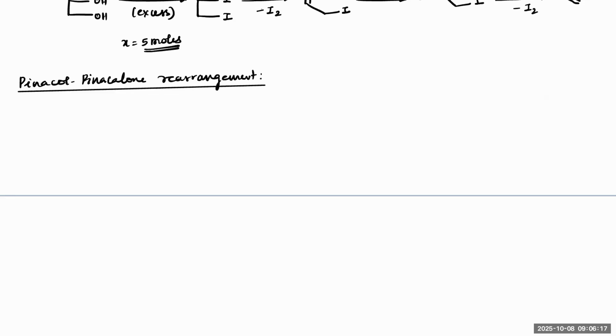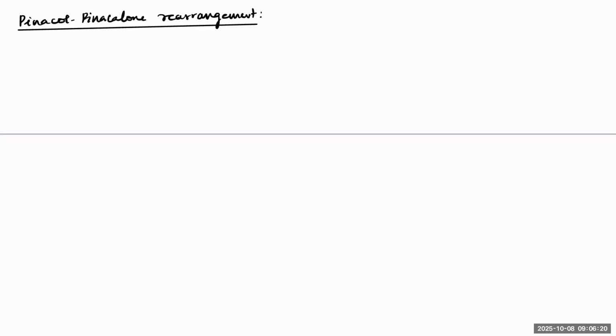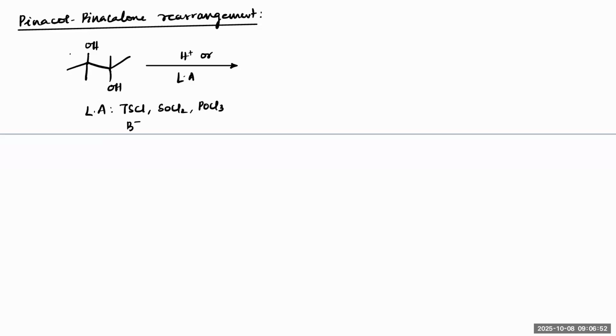Basically, if you have OH and OH here with more substituted groups like this, in the presence of H plus or any Lewis acid, we can take any of them. Here I can use TsCl, SOCl2, POCl3, BF3, AlCl3, H3PO4. Any of these can be used.